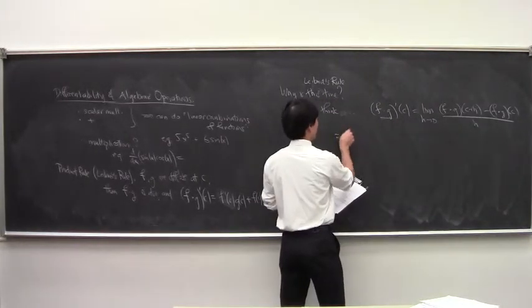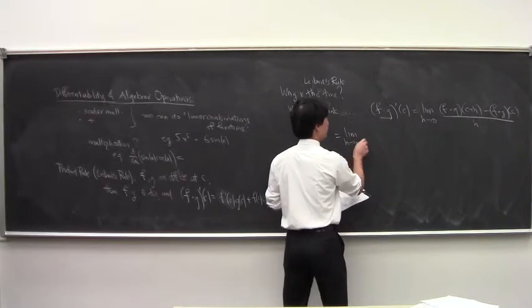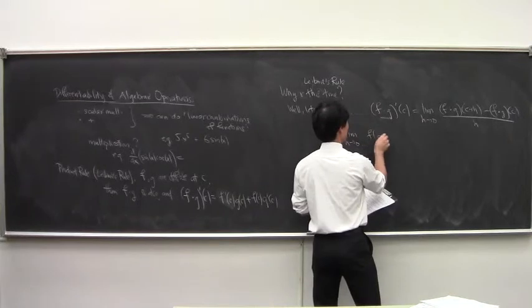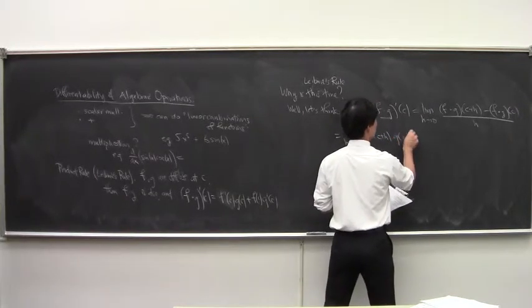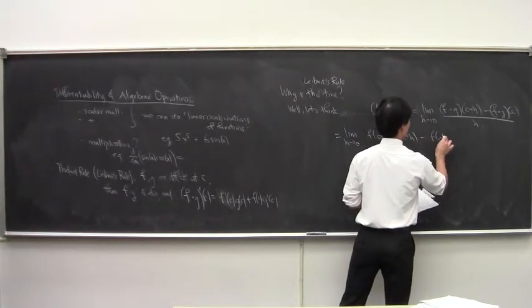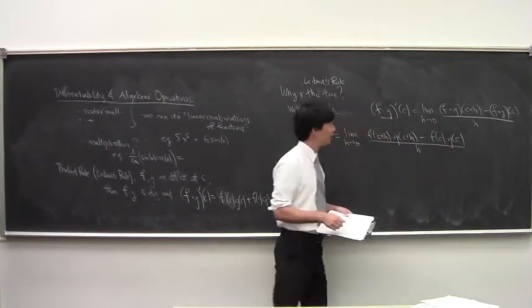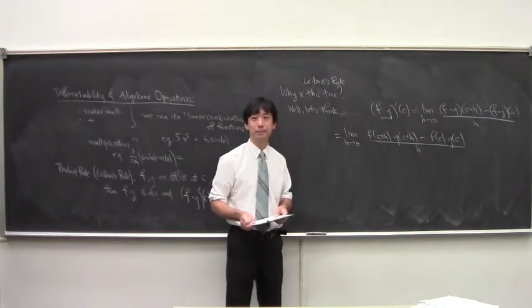Okay. So what do we get? We get the limit as h goes to 0 of f of c plus h times g of c plus h minus f of c times g of c, over h. Just by definition.